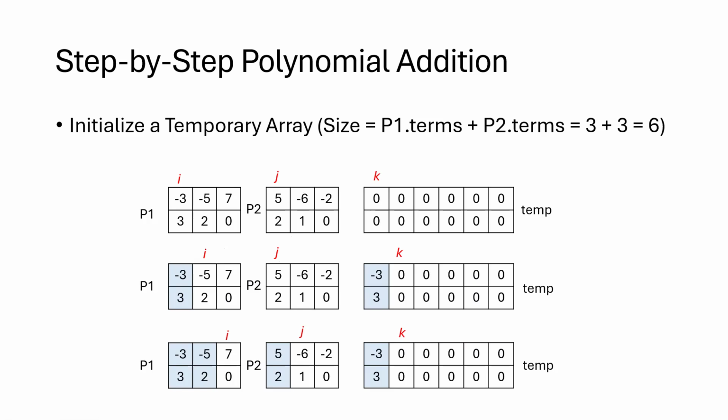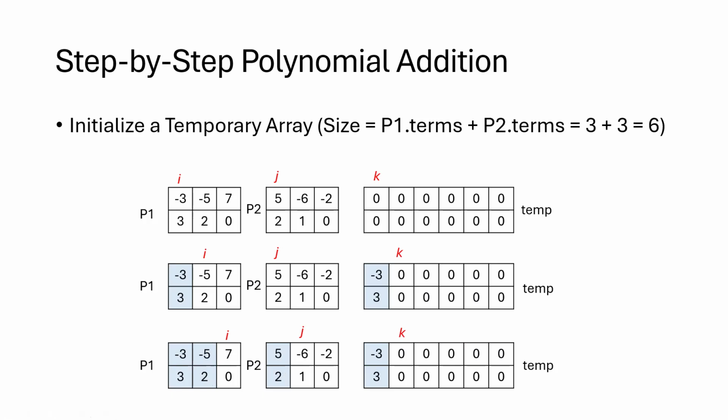Okay, so next what will we do? Next, we will compare the exponent pointed by I in polynomial 1 and the exponent pointed by j in polynomial 2. So now we have 2 as the exponent in both polynomials, right?